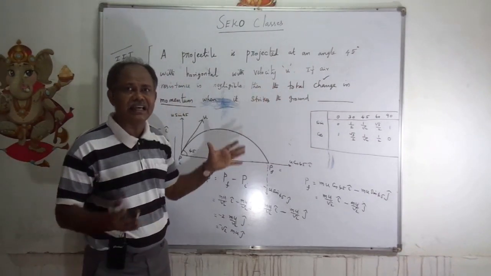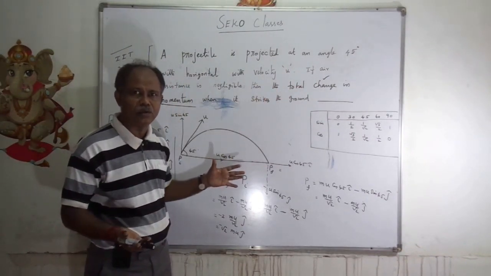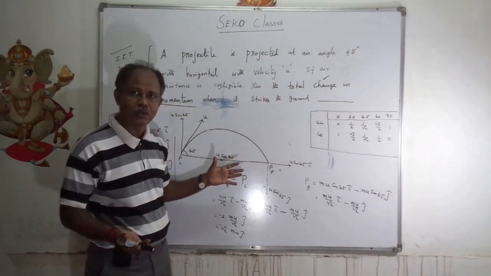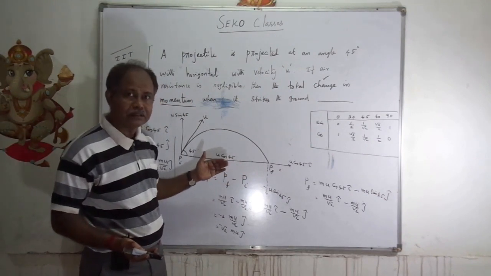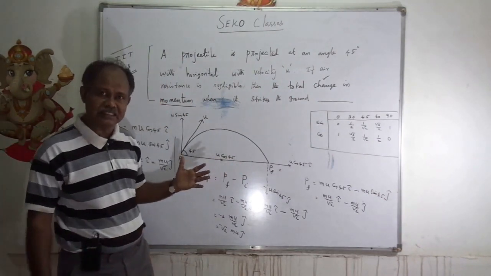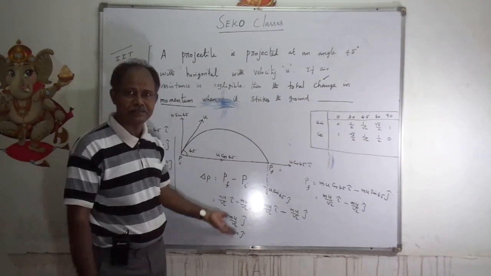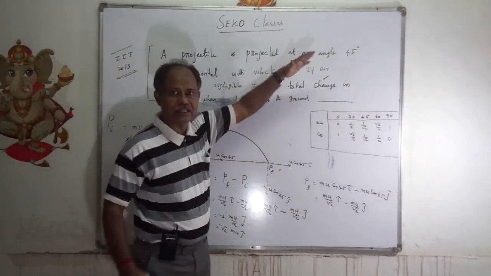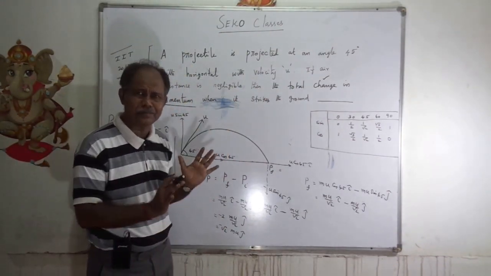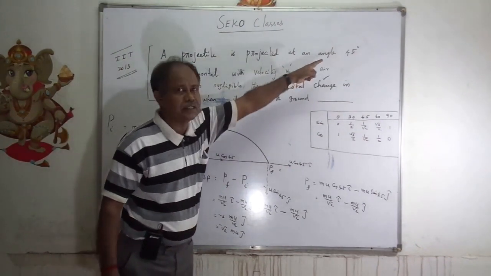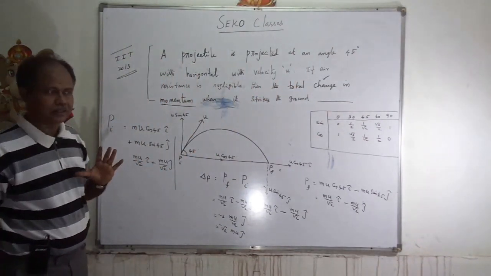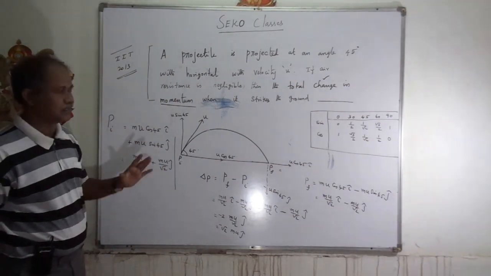By changing the angle, the change in momentum can be found easily. The process is as it is. If it is for 60 degree, just change the 60.